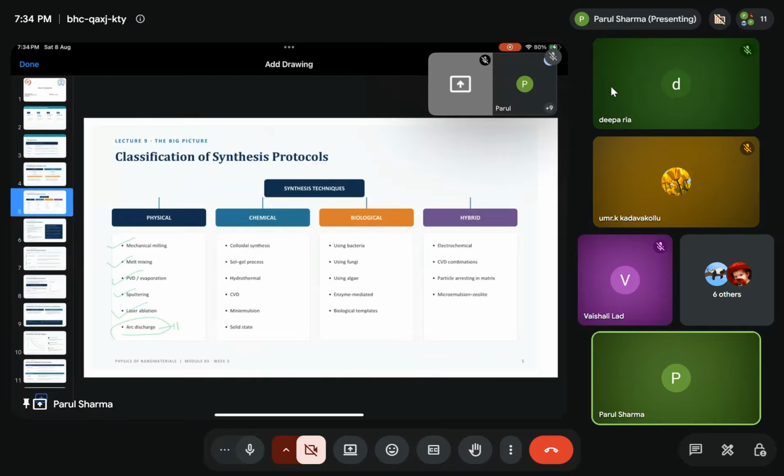It is a bottom up technique used to synthesize nanoparticles, and this method is used for generating carbon nanotubes and also graphene related structures like fullerenes.